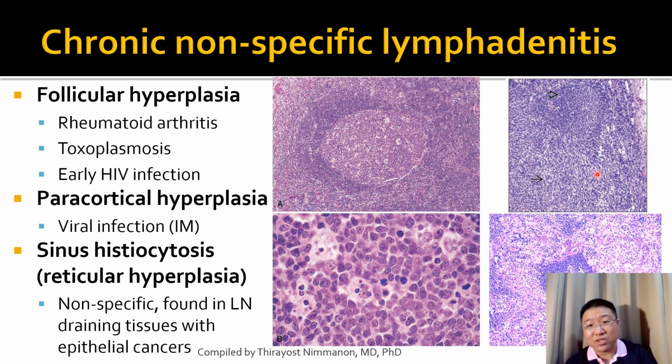On the right side, we may observe this one is a follicular area, and we see that the paracortical area is predominantly expanded.